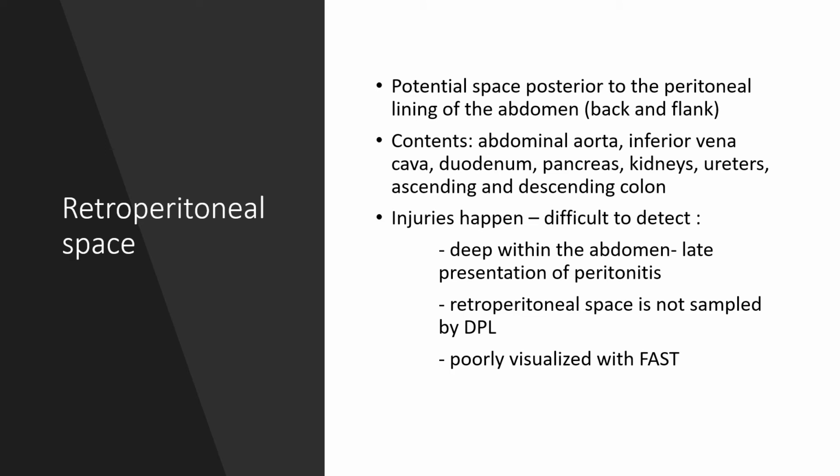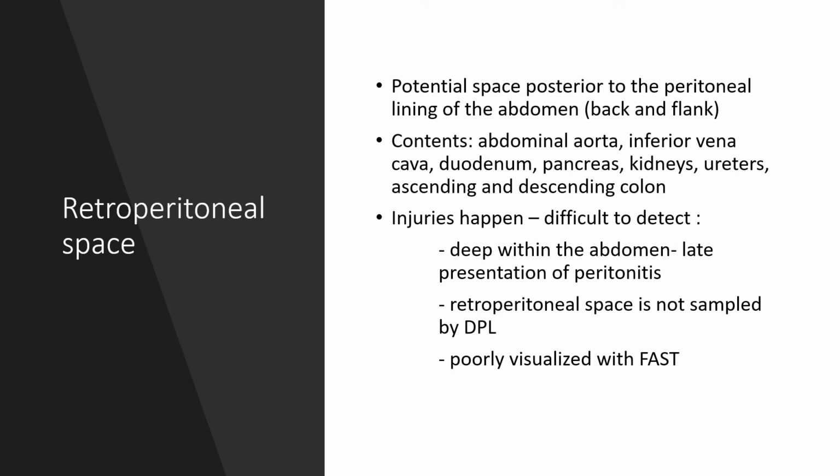Retroperitoneal space is actually space at the back to the peritoneal lining of the abdomen. Okay. Contents dia memang kena hafal. Abdominal aorta, inferior vena cava, duodenum, pancreas, kidneys, ureters, and colon, ascending and descending.